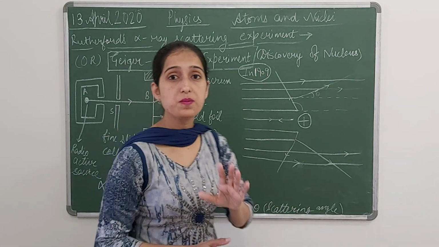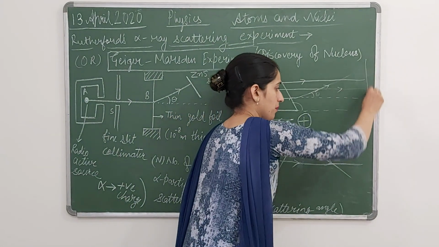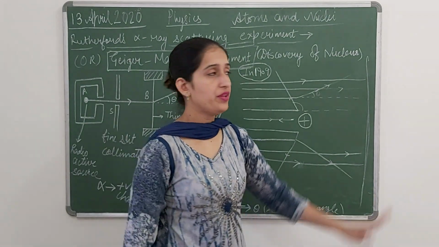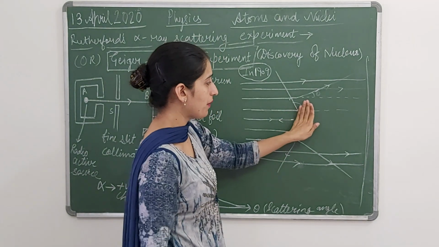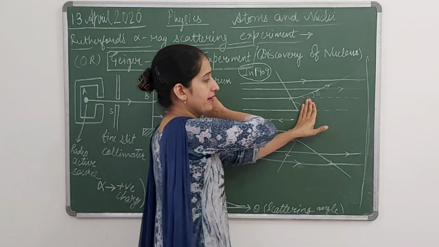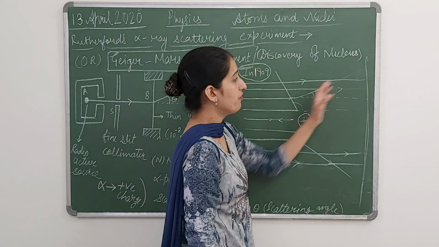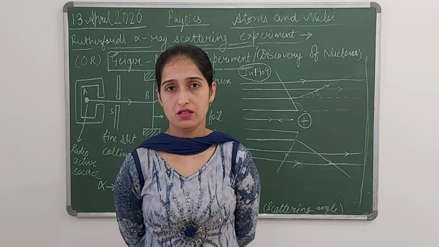These were the observations. And how do we get these observations? From the photographic film. On that photographic film we get spots. If no gold foil was there, rays are going straight, we get those spots. Now we have spots in different directions.